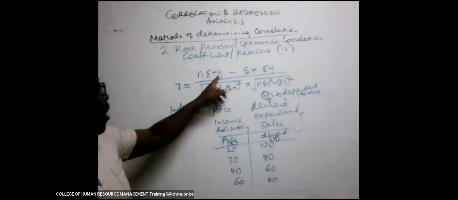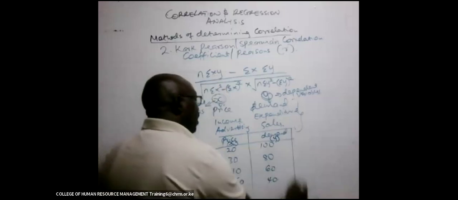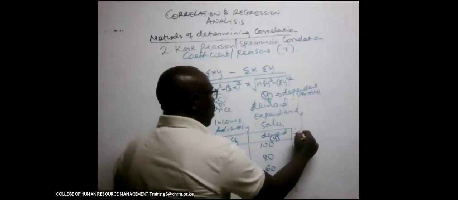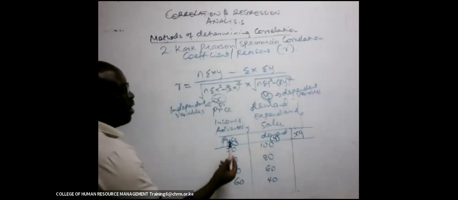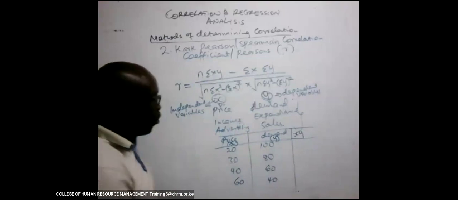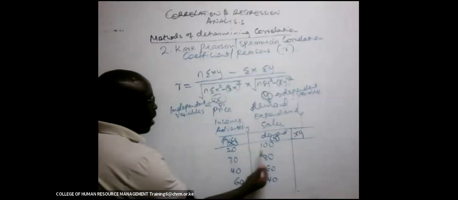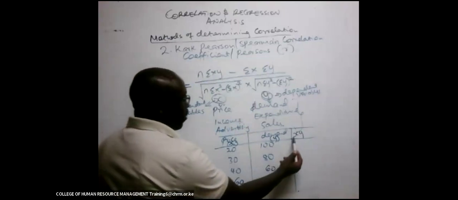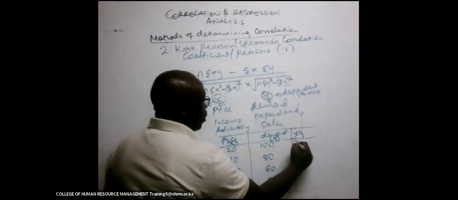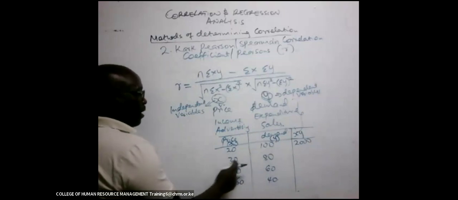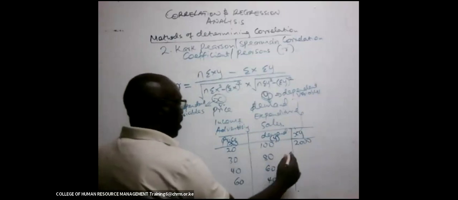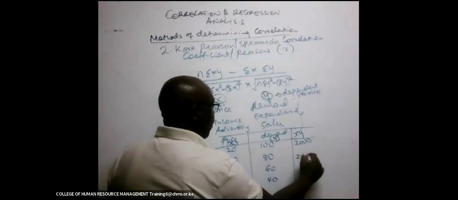When we are talking about XY, for you to be able to calculate it, you need a column for XY, where XY is simply X times Y. You take the value of X times the value of Y to get XY, which will be 2000. That is 20 times 100. When it is 30 times 80, the XY will be 2400.